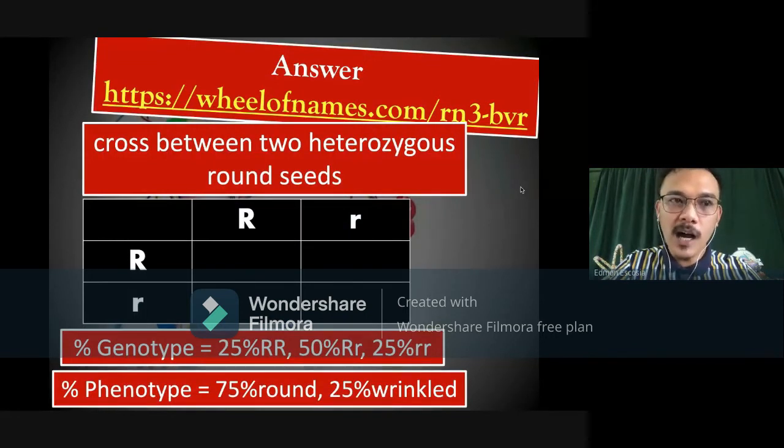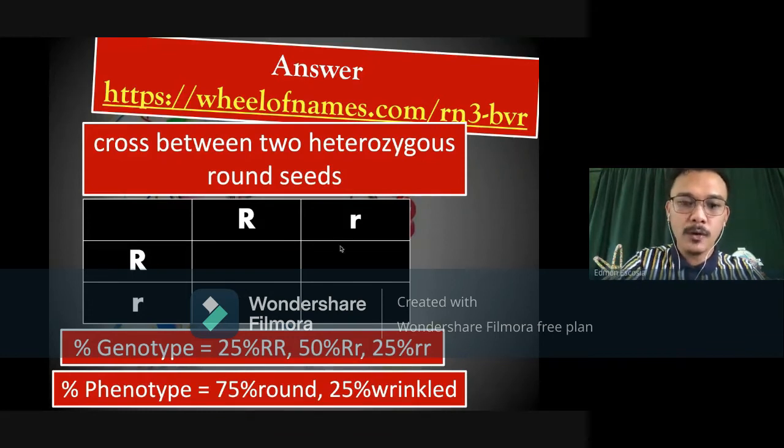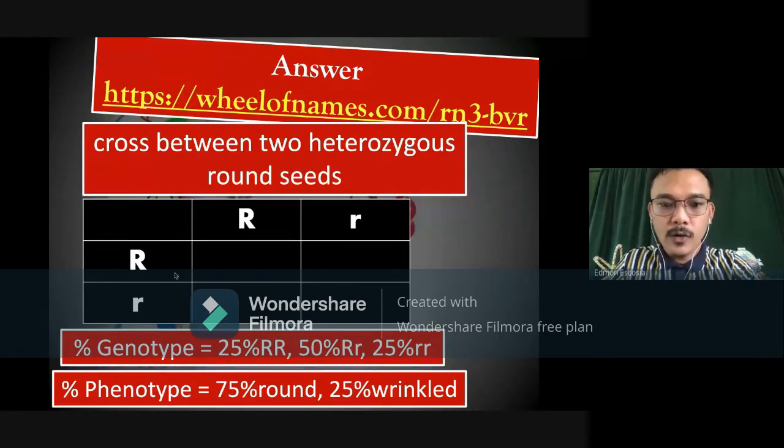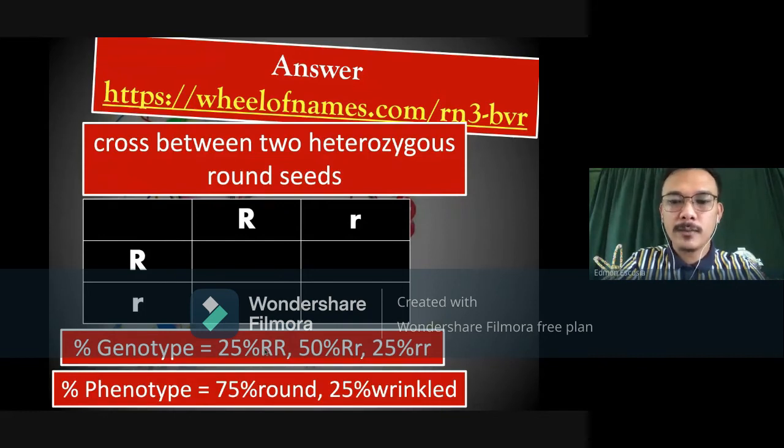So 1 out of 4 is 25%. That's why the genotype is 0.25. And for the other genotype, 50%, since that is 2 out of 4, that's why the answer is 50%. And the remaining offspring, that is only 1 out of 4, that is 25%.